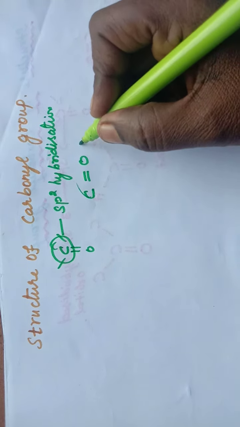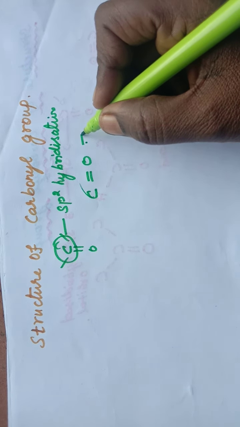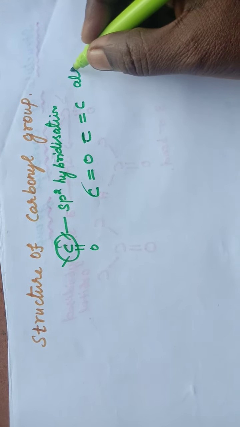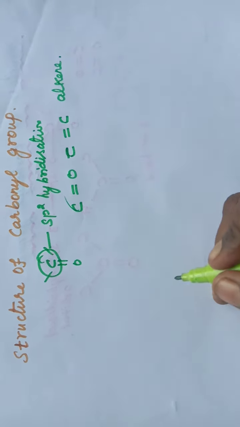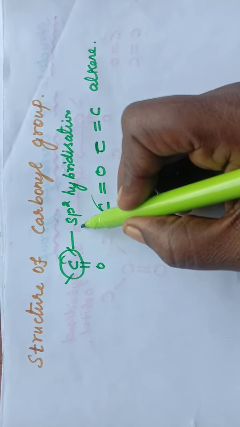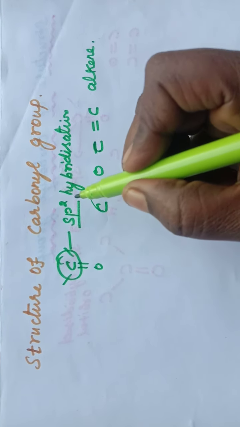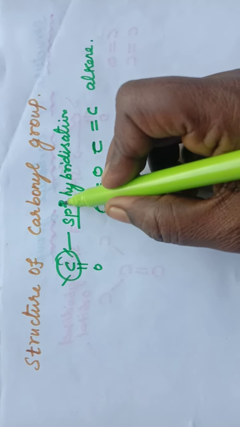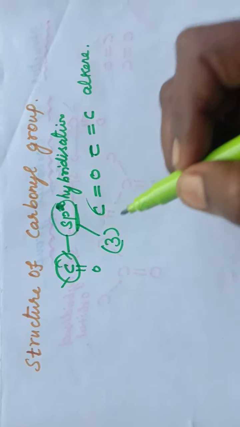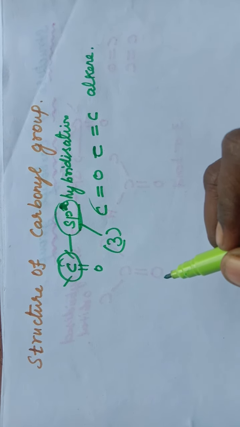This bond is similar to the carbon-carbon double bond in alkene. This carbon undergoes sp2 hybridization, so that 3 sp2 hybrid orbitals are formed.